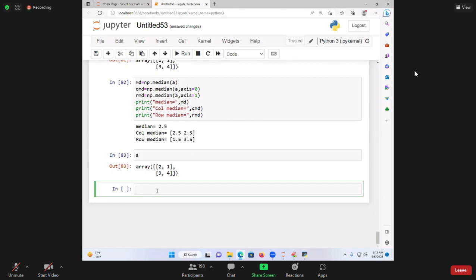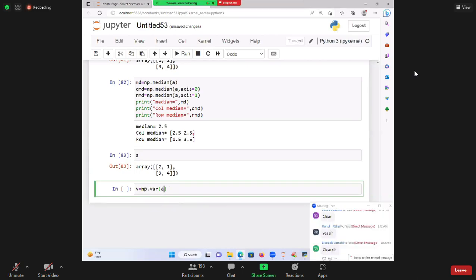Let's start with variance is equal to np.var of A. Directly you need not know the result, but you need to know the calculation part, the mathematics also. Little mathematics. What is the variance formula?